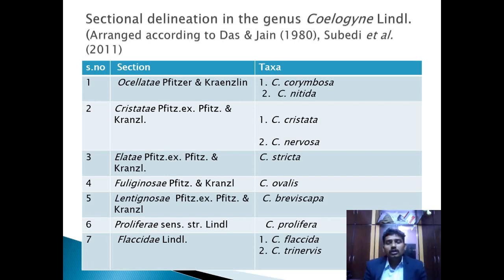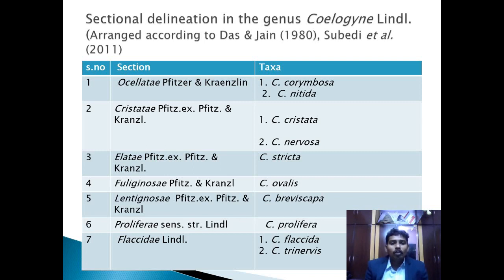Based on that, we can construct the sectional delineation of the genus Coelogyne Lindley, arranged according to Gravendeel and Subedi 2011. Section Ocellatae includes Coelogyne corymbosa and Coelogyne nitida. Section Cristatae: Coelogyne cristata and Coelogyne nervosa. Section Elatae: Coelogyne stricta.